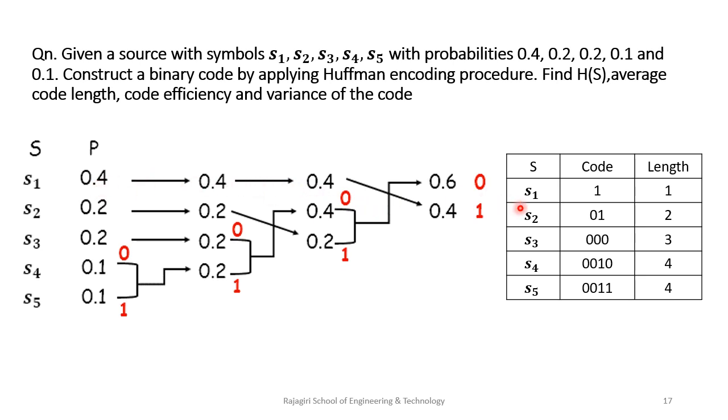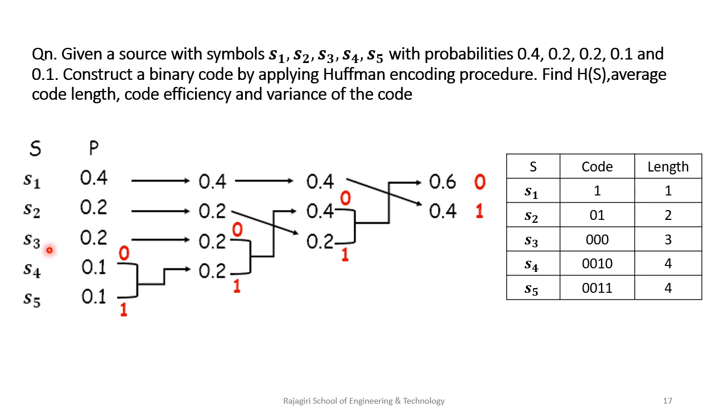If you look at the symbol S1, we can find that the code corresponding to S1 is 1. Corresponding to S2, the code obtained is 0, 1.